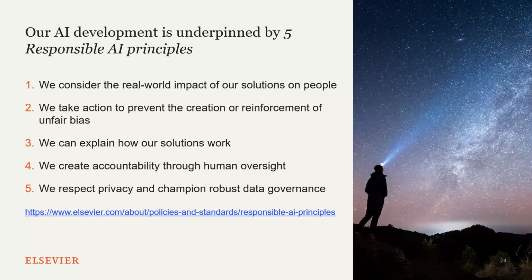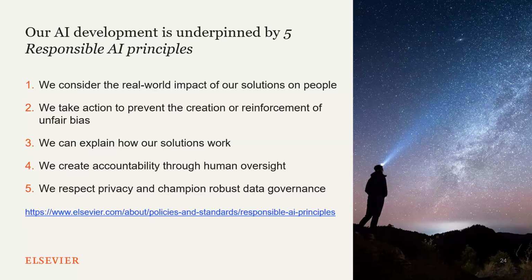We have full technical information about how the AI is developed. We also create accountability through human oversight. So we have real people constantly monitoring what Scopus AI is producing. And we also respect privacy, and we champion robust data governance, for example.